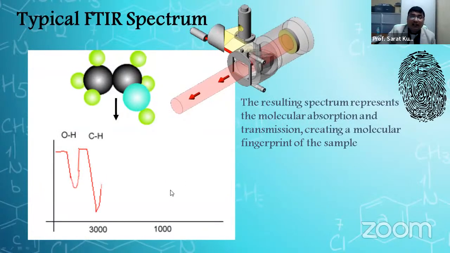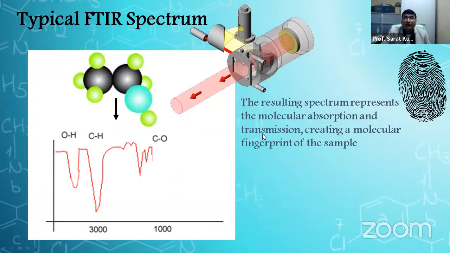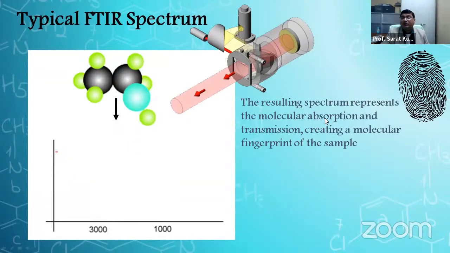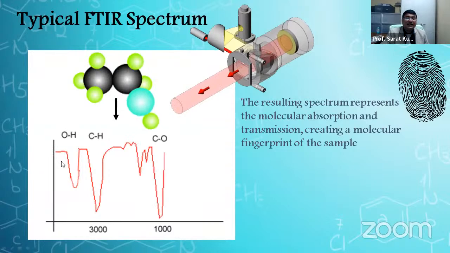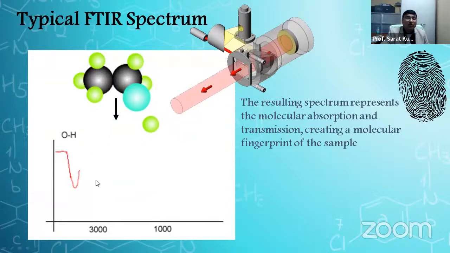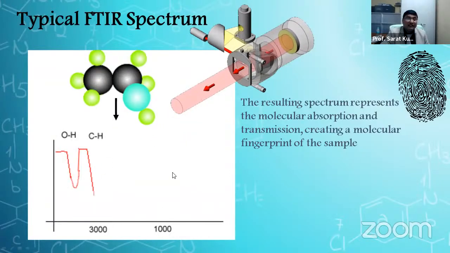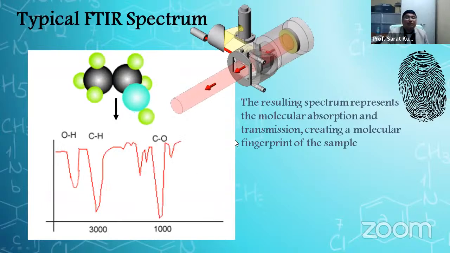What is typical of FTIR spectroscopy? There is a change in the resulting spectrum. With molecular absorption, the transmission creates the molecular fingerprint. When scanning, you can get different vibrations for different bonds, such as OH, CH, CO. Don't think only three are there; I told you about the number of vibrations you can get for a particular compound.